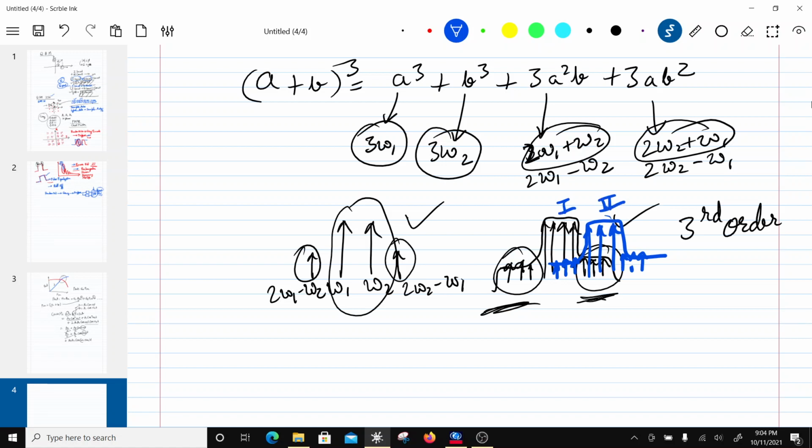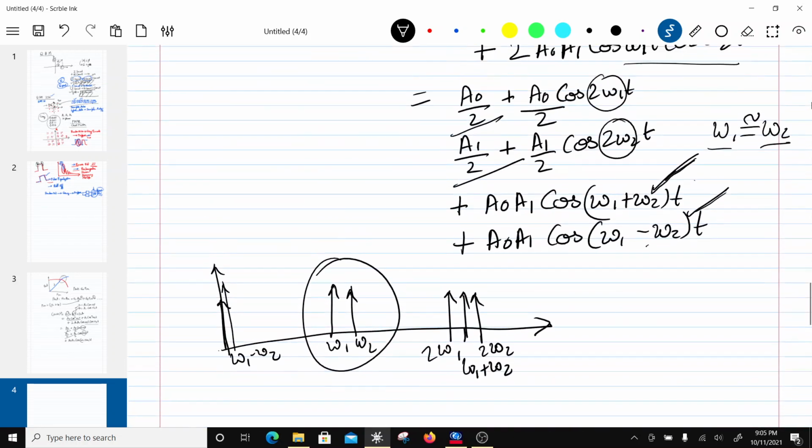Channel 2 results in some components which lie in channel 1, and channel 1 results in some components which lie in channel 2, over here, right?